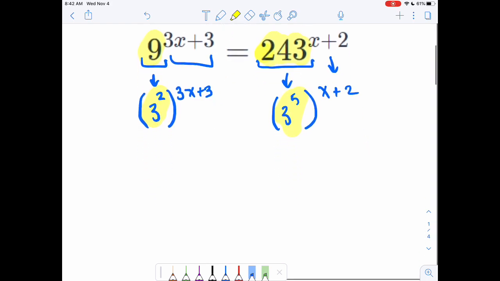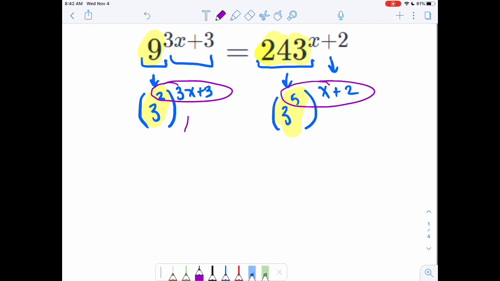And now that the bases are the same, we can ignore them and instead focus on our exponents. So I'm going to bring them down and just focus on them for the remainder of the problem.